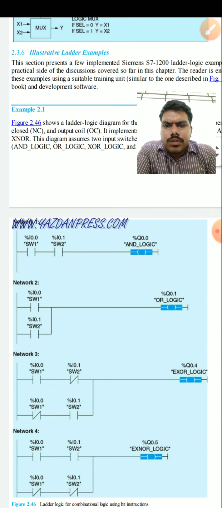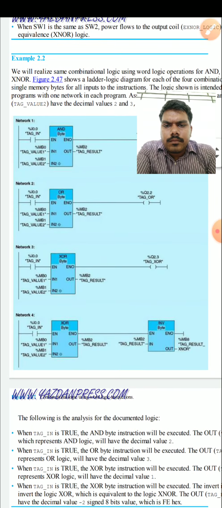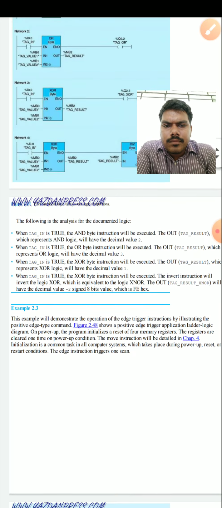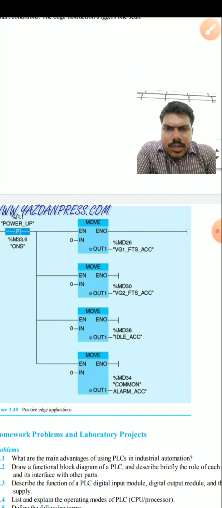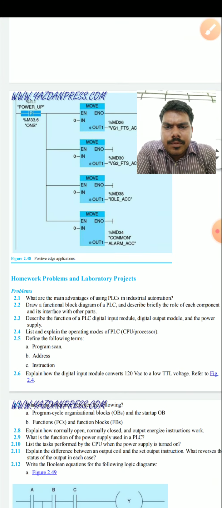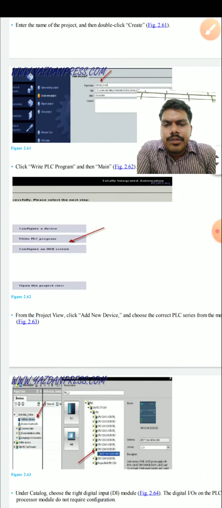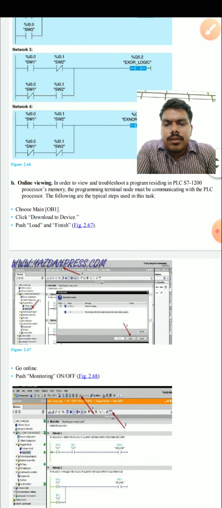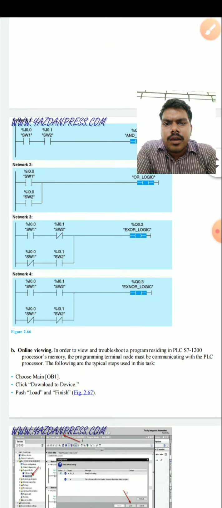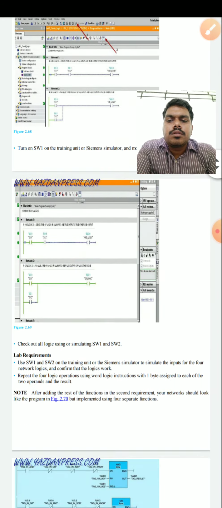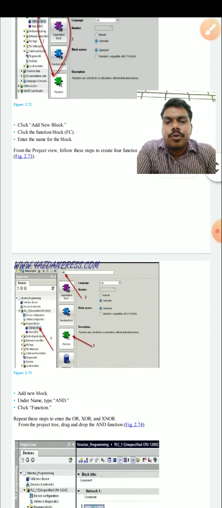So we have seen some examples also, and we will see some more examples in our next video. In the previous video I also explained some push button types, input module, and output module.